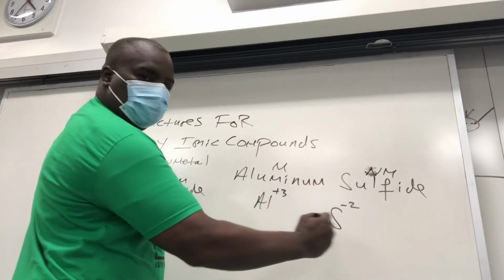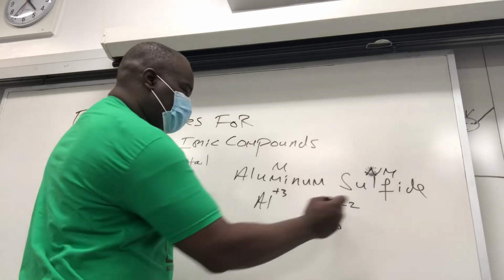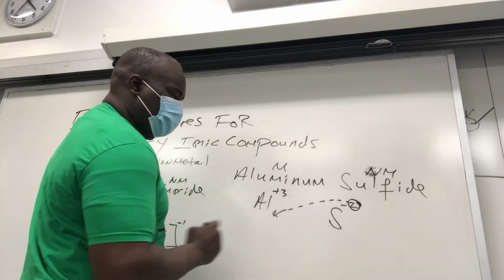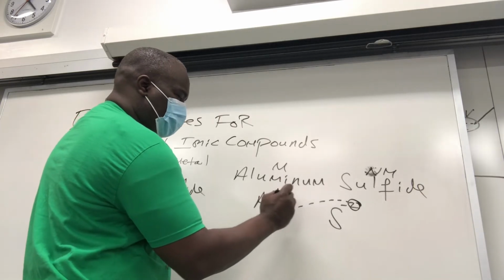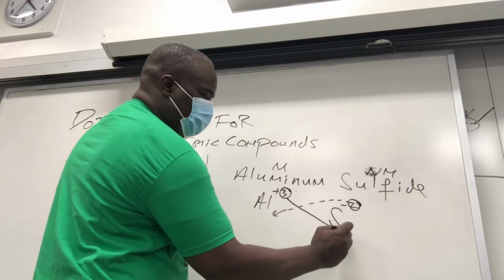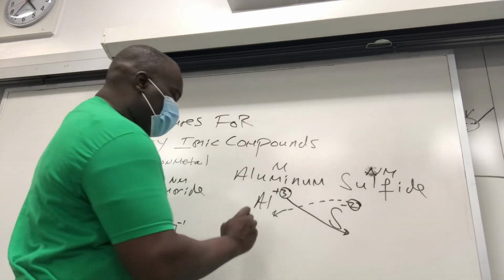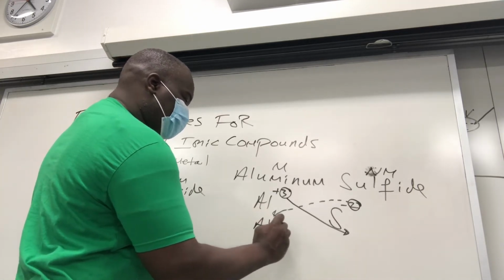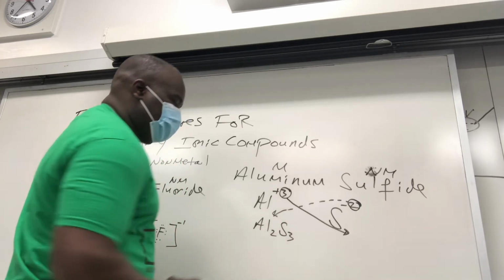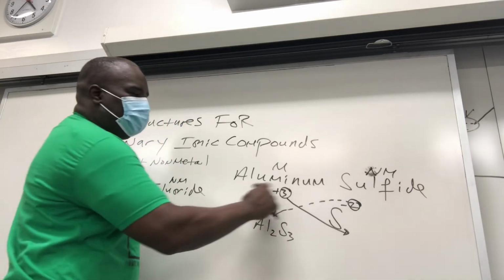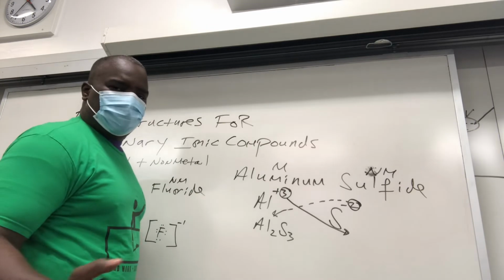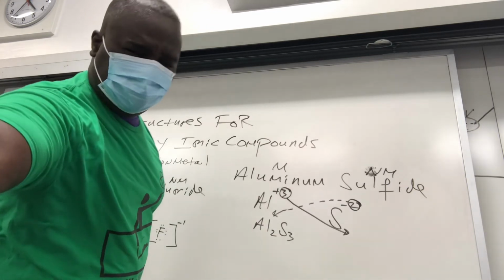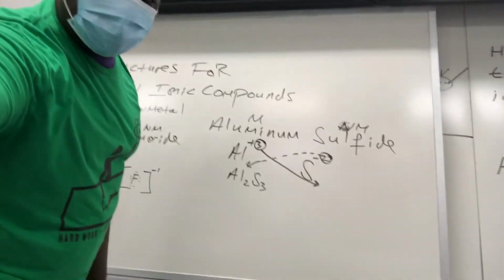So when we crisscross, the 2 goes to the subscript of the Al, and the 3 goes to the subscript of the S. So the correct formula is Al2S3. Once again, they can give you the name and ask you for the dot structure. You have to get the correct formula first, and then apply it to get your dot structure from there.